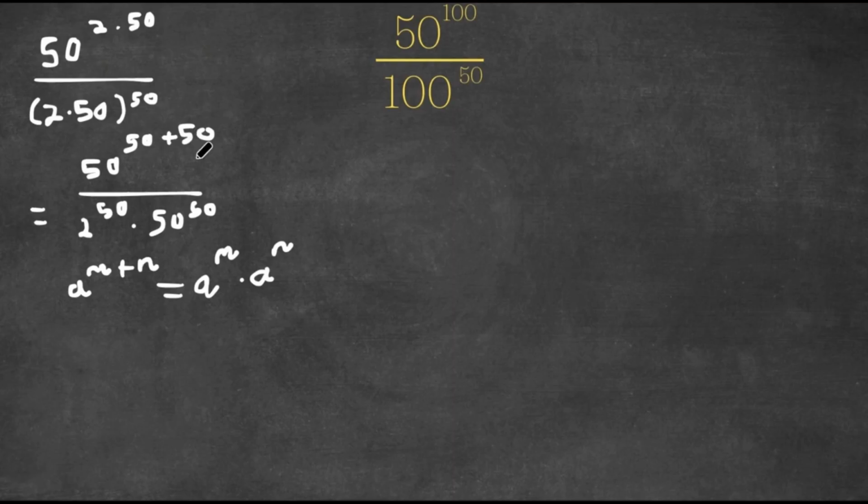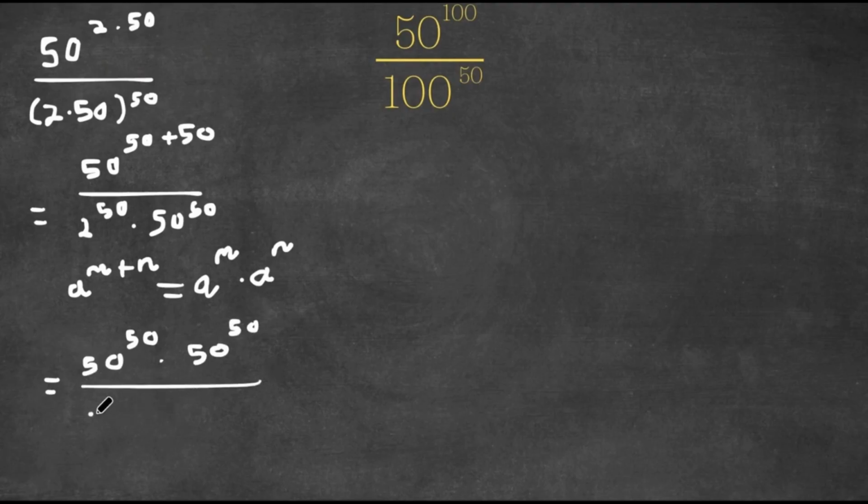So 50 to the power of 50 plus 50 would equal 50 to the power of 50 times 50 to the power of 50. And we are dividing this by 2 to the power of 50 times 50 to the power of 50.